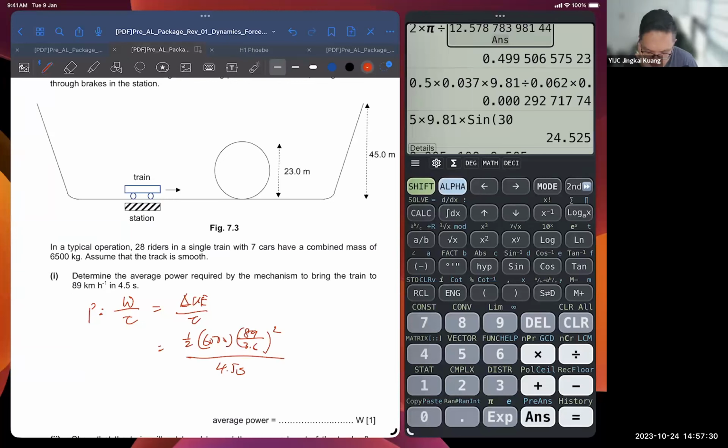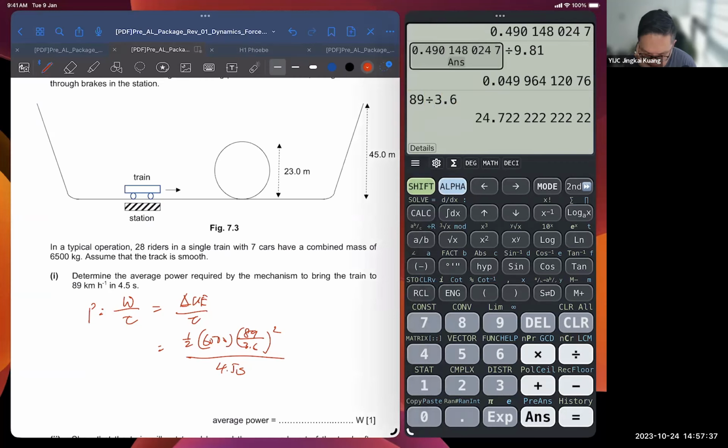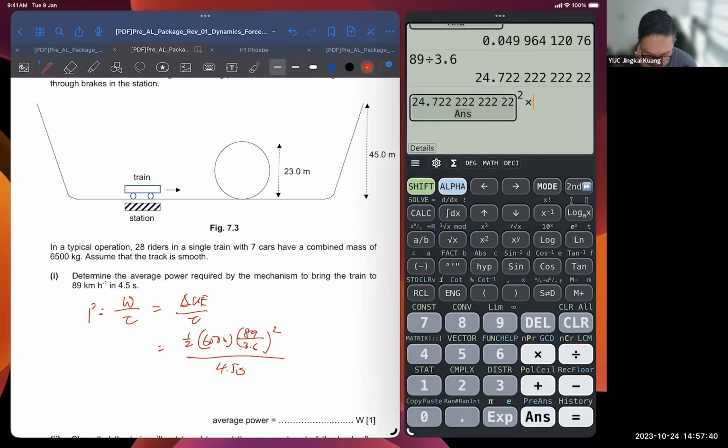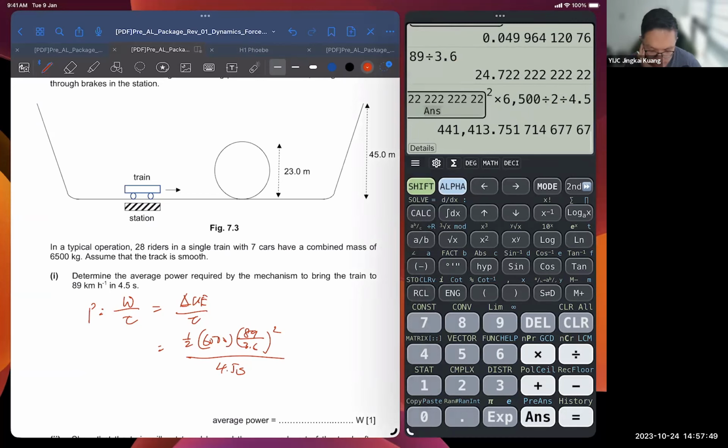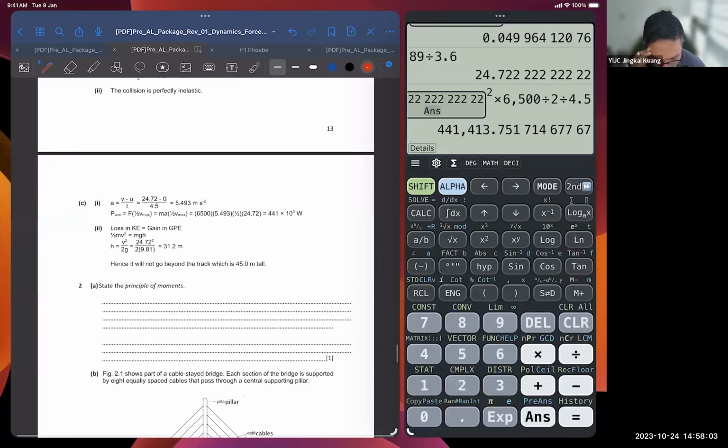So let's just try 89 divided by 3.6 squared times 6,500 divided by 2 divided by 4.5. 441413. You check the answer for me if it is correct. Yeah, scroll down. 441413. Yeah, okay, so this is fine.